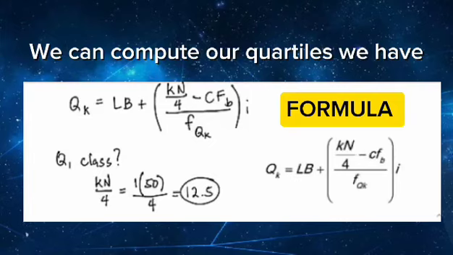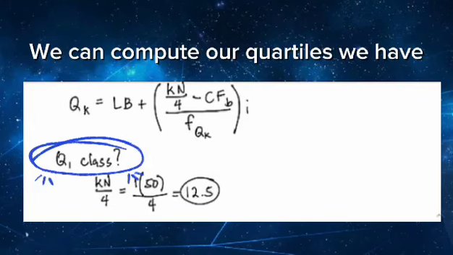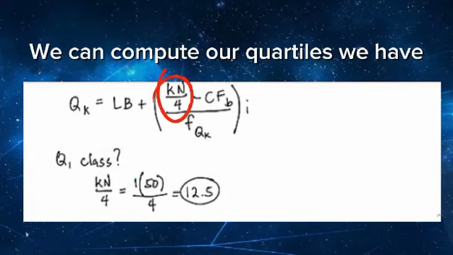Okay, the formula of our quartiles is this. To find the class of our first quartile, we use kn over 4. K is 1 times n, the given 50 students, over 4.